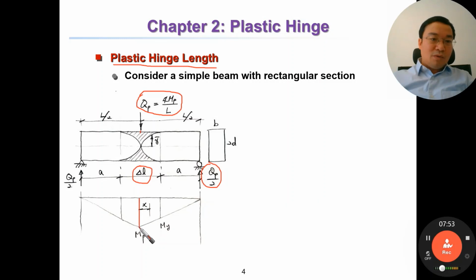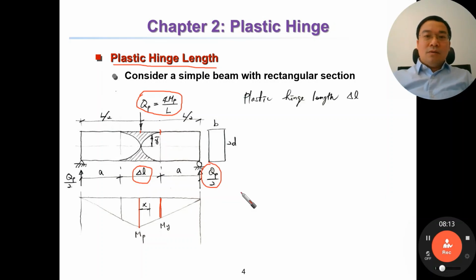The maximum moment is in the middle, Mp. And maybe here is My. My means the elastic limit. Let's go here. Now we are going to determine the delta L. How to determine delta L?